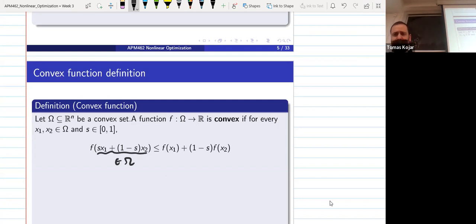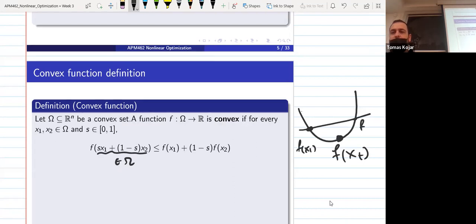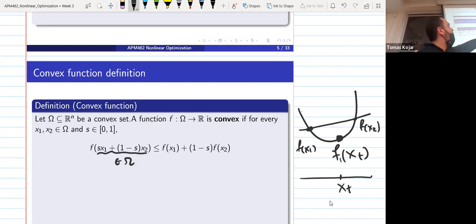So this is the definition, right? And the picture is, here's the graph of f, and here are the two points, f of x1 and f of x2. So it says that if you evaluate at the interpolation point, x of t, it will be below the line that connects the two function values. Is that okay?